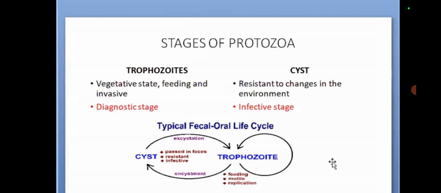Cysts pass in the feces, are resistant, and are infective, while trophozoites help in feeding, are motile, and replicate. The trophozoite is converted by encystment into a cyst, then excystation converts it back to the trophozoite.